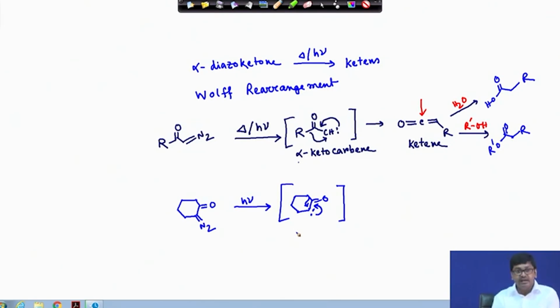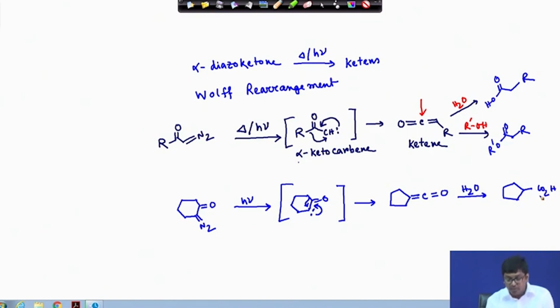Here in this case you see the ring contraction is happening. That means we have started from a 6-member ring, and after this Wolff rearrangement, this becomes a 5-member ring having this ketene. This one in the presence of water will give the corresponding carboxylic acid. So, here you see that we have started with a 6-member ring and we are ending with a 5-member ring having this carboxylic acid.